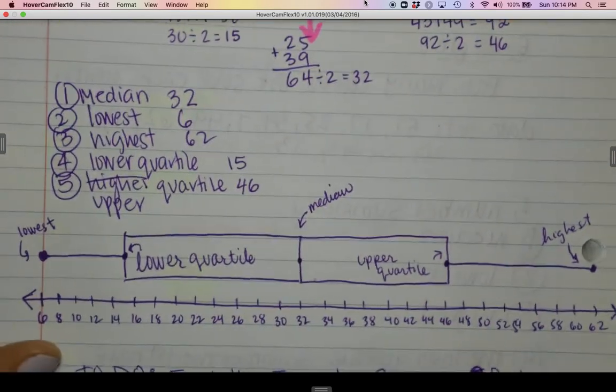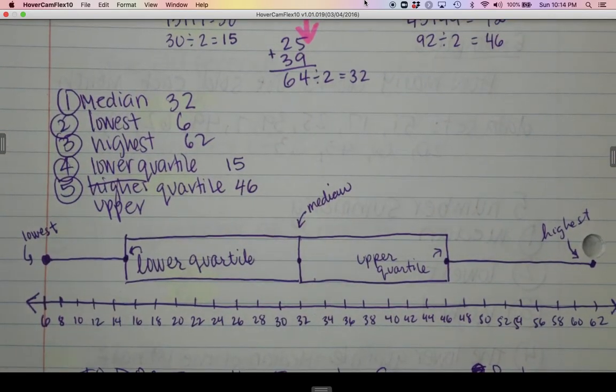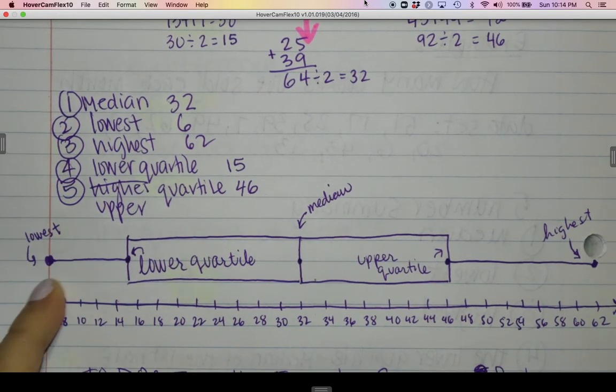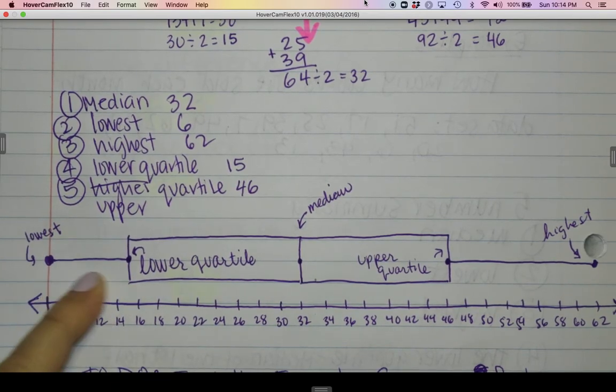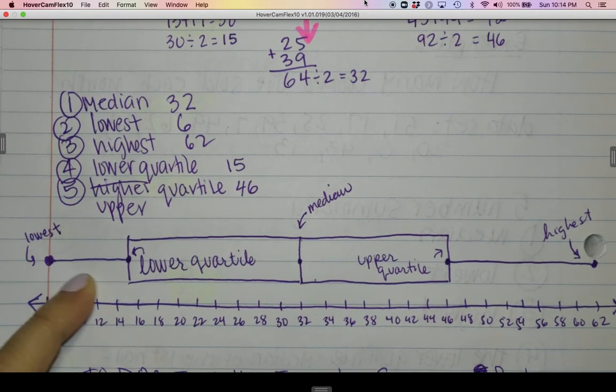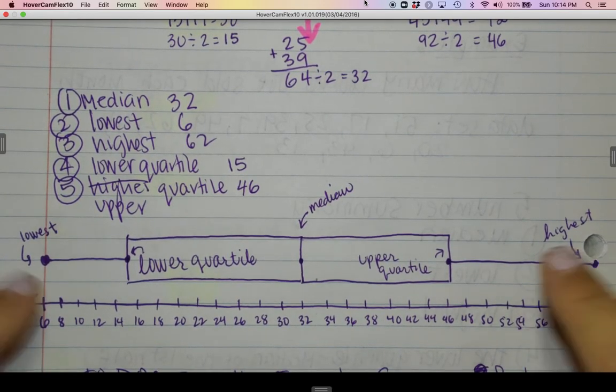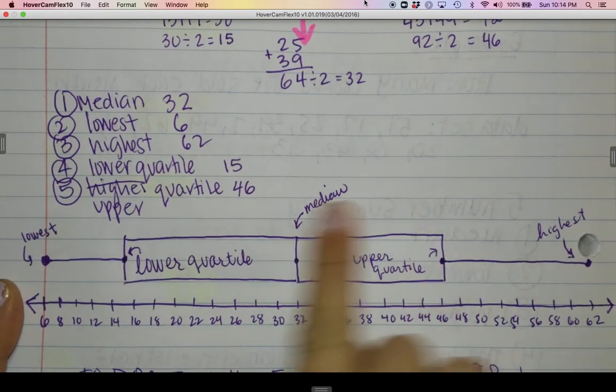If I look back here at my box and whisker plot, I can also see that whatever falls into here are kind of outliers. Over here, kind of an outlier, because most of my data is in this box.